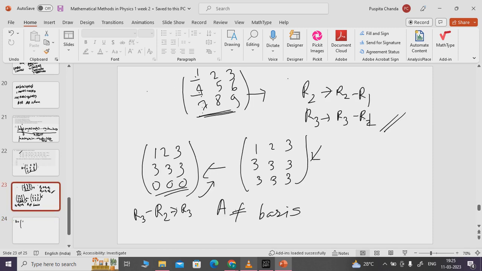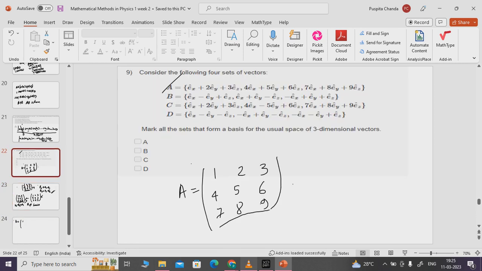Ma'am, dependent or independent vector is not a good basis, please repeat again. Okay. If they are independent vectors, then it is a basis.